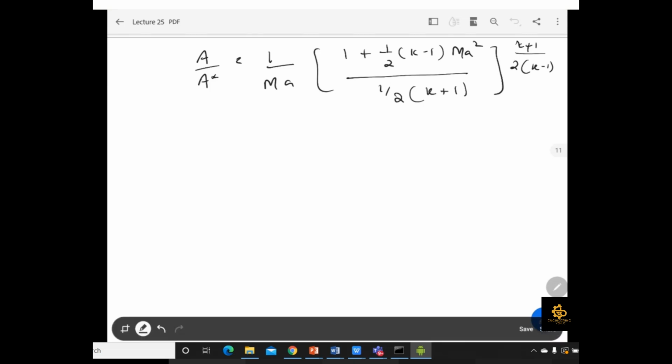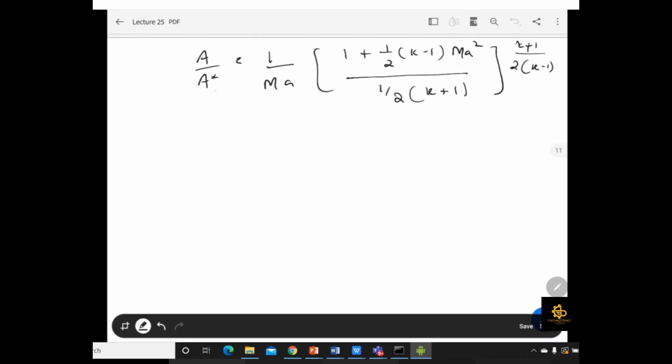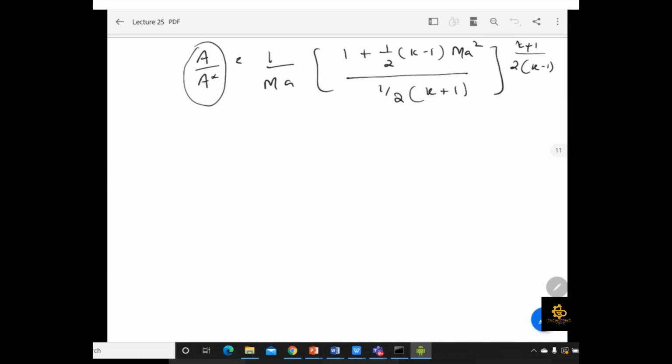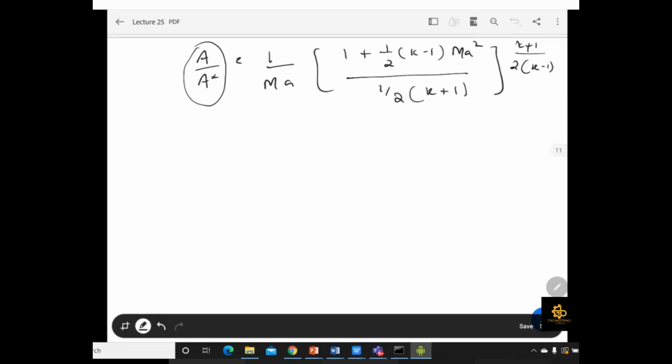This is the equation we already saw in the previous slide. This is how you find the area ratio at any point. Note down this equation, then we will derive another equation, which is the mass flow.